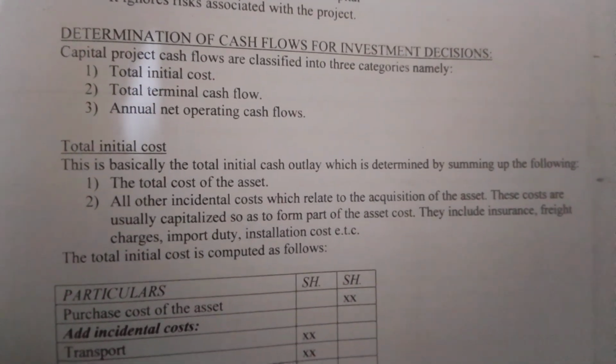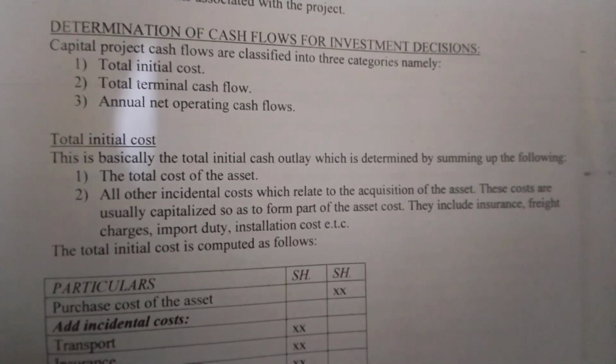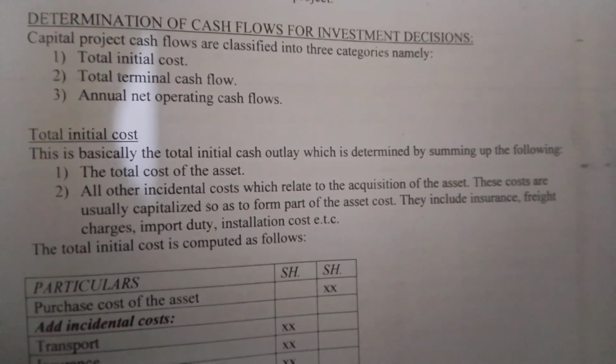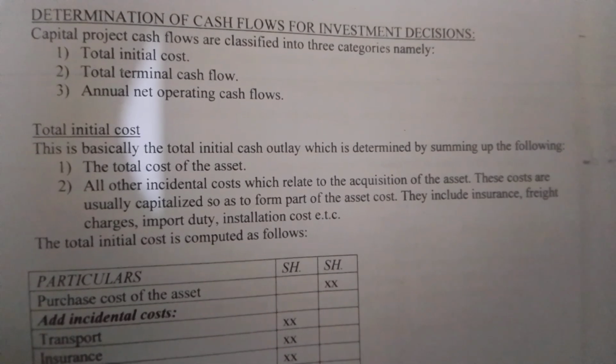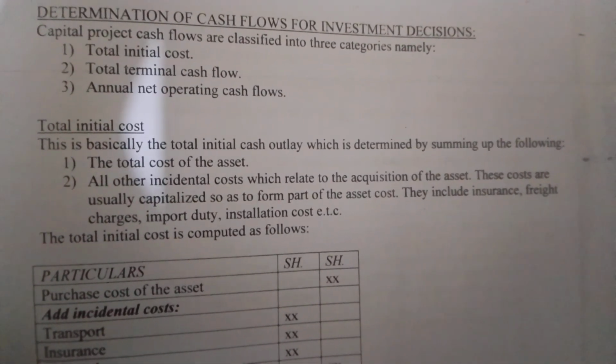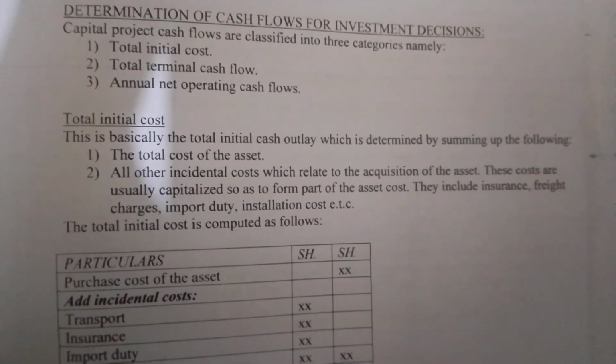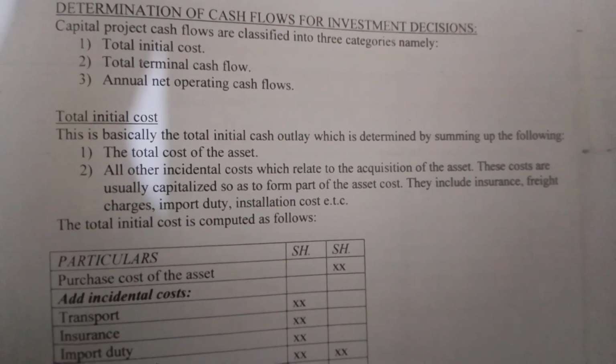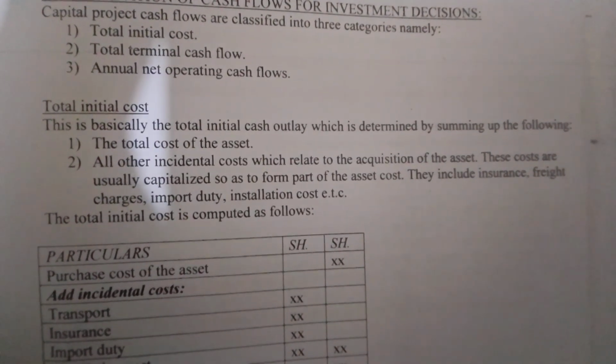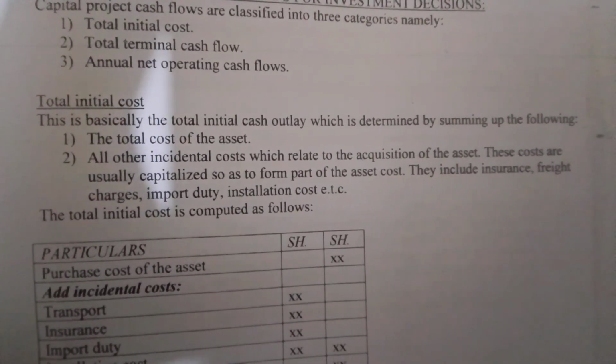Total initial cost is basically the total initial cash outlay, which is determined by summing up the following. One, the total cost of the asset. Number two, all other incidental costs which relate to the acquisition of the asset.